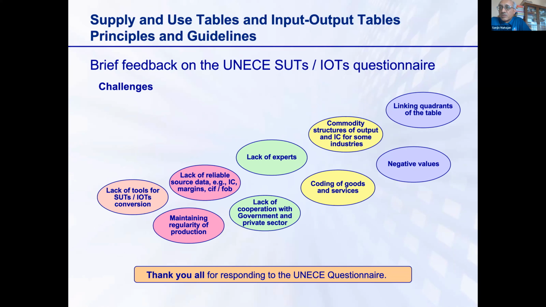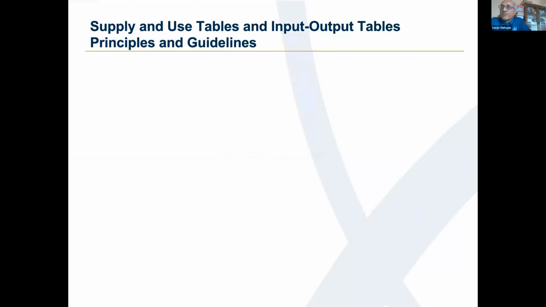So some challenges are specific to input-output tables, some are common with supply and use tables. And again, I'd like to say thank you very much on behalf of the UNAC that people have responded to those questionnaires. It also reinforces the picture I gave very early on yesterday. Different countries are doing different things for different reasons. There's no perfect situation, and some are more right than others, but that's the state of play.